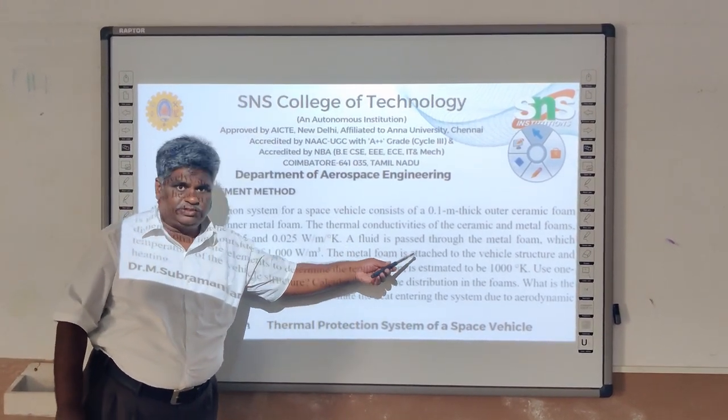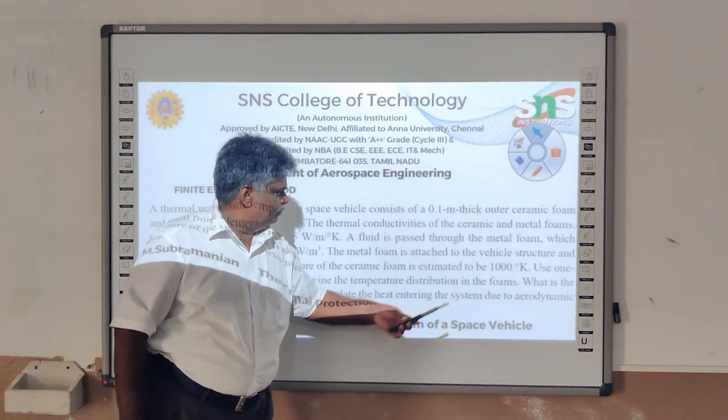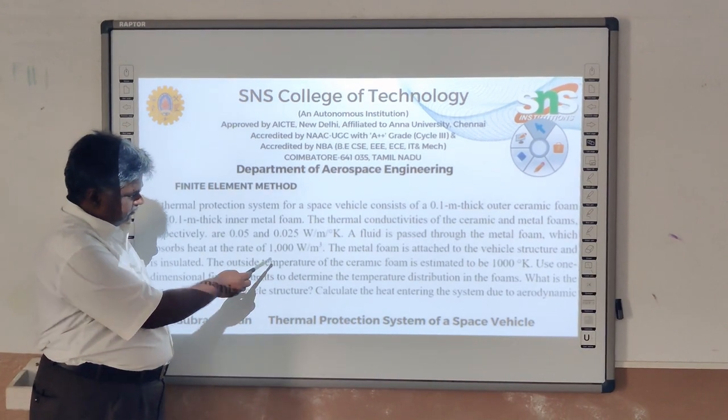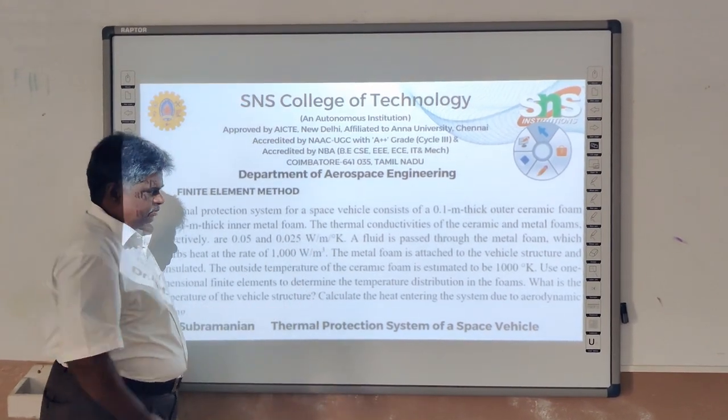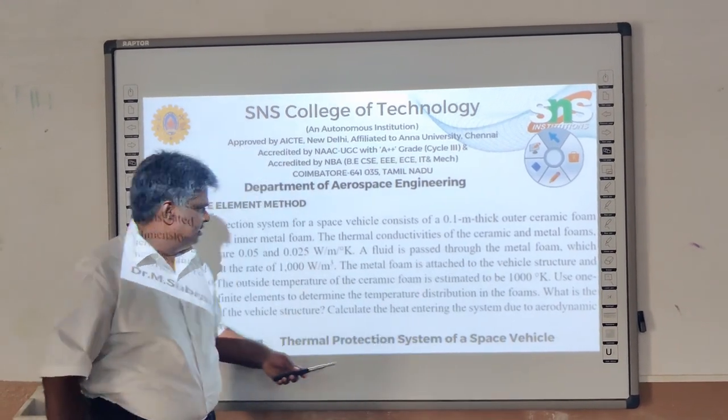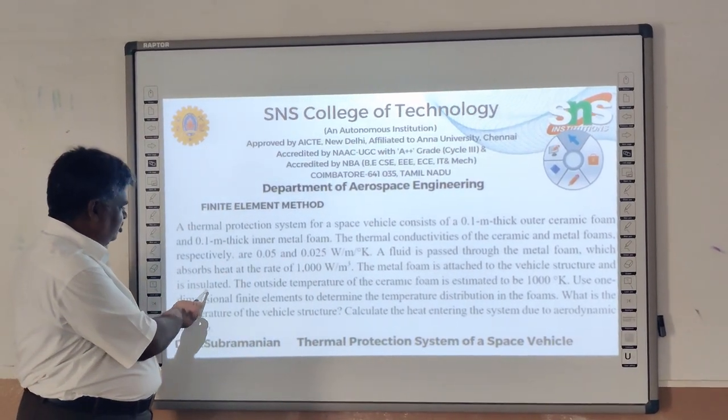A fluid is passed through the metal foam which absorbs heat at the rate of 1000 watt per meter cube. The metal foam is attached to the vehicle structure and is insulated.